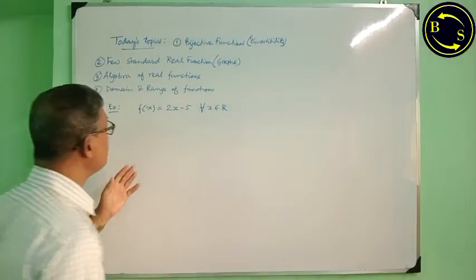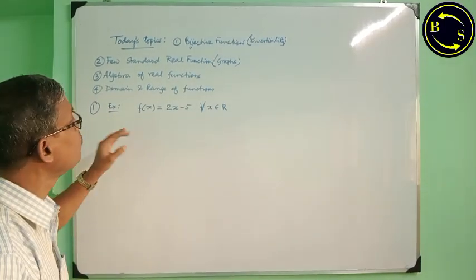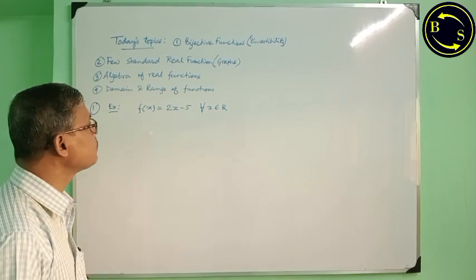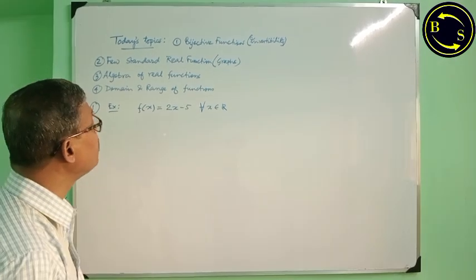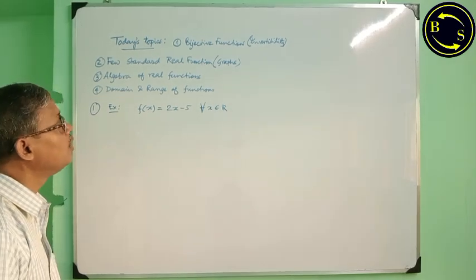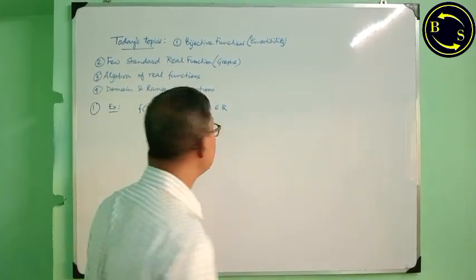Now I have taken an example to show this function f(x) = 2x minus 5, where x is any real number, is a bijective function. We have to follow these steps.